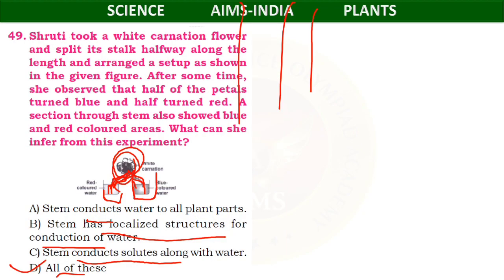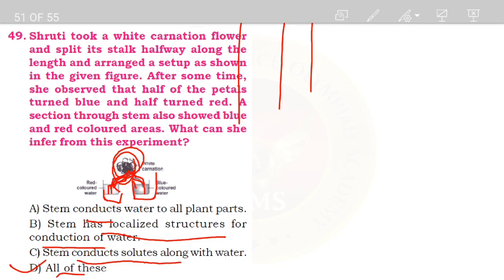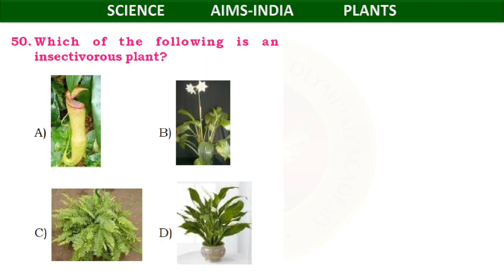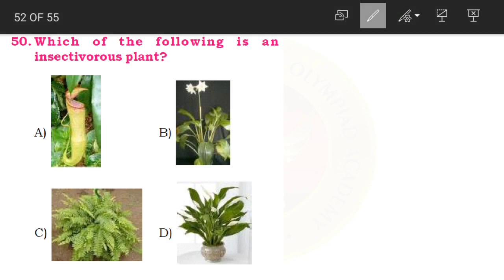Now children, which of the following is an insectivorous plant? Our 50th question. Here A is, you can see, a pitcher plant. B is a flower plant, and C is a fern plant. D is a peace lily.